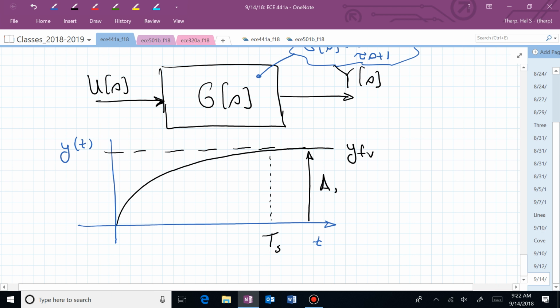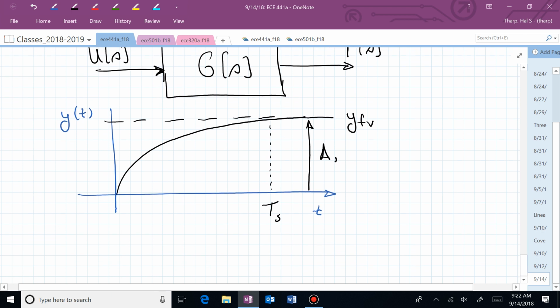Here, basically, if somebody hands us this trajectory and tells us what they applied at the input, if they said, oh, I put in a constant a, and we measure an a sub 1 eventually, and we say, oh, we made it to a sub 1, close enough, within 1% at time t sub s, our settling time.